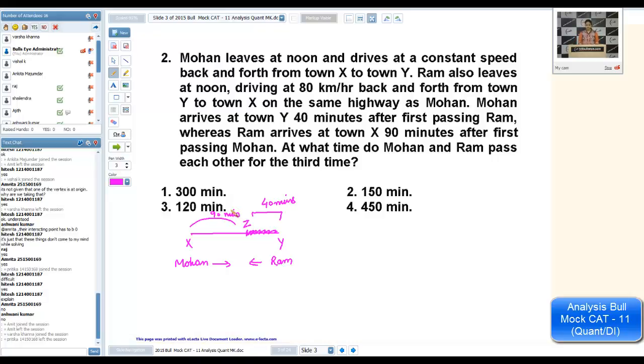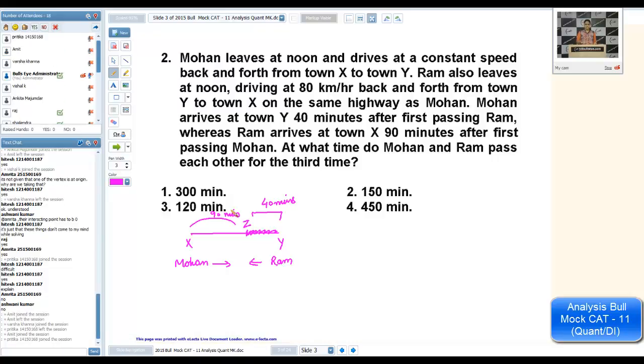Whenever you have these many conditions, that two persons are coming from opposite directions, starting at the same time and meeting at some point in between, and after crossing that point the times taken are given, suppose these are the same conditions.